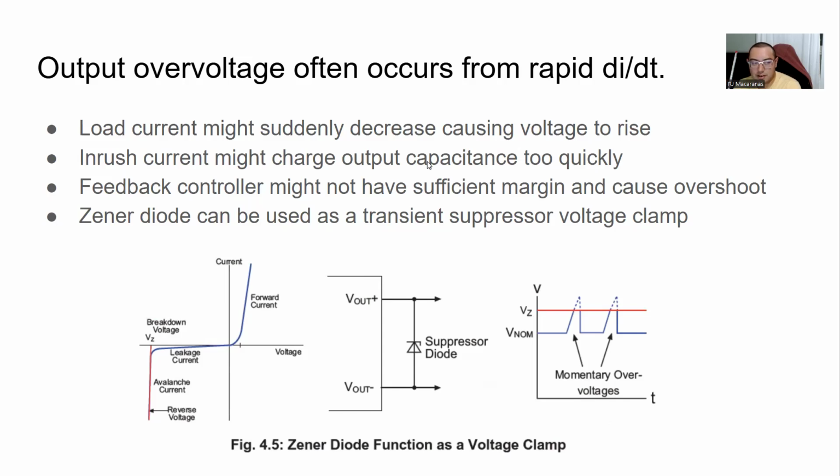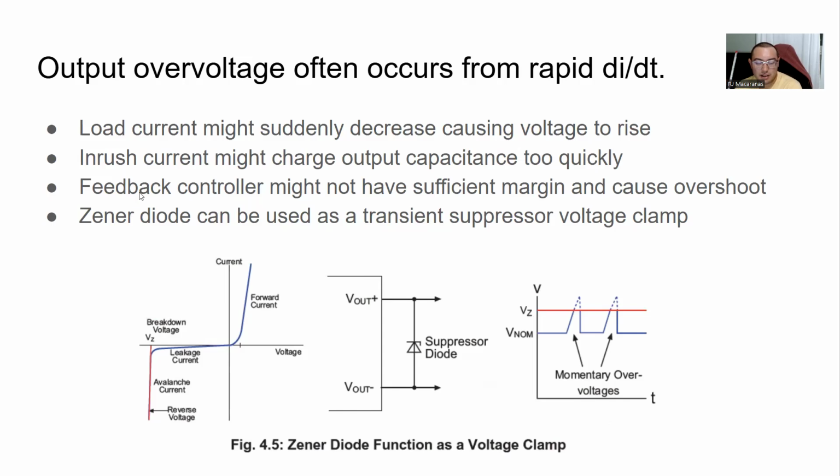Right, if you can imagine the output is loaded down really heavily and all of a sudden it needs less current, then the voltage is just going to respond by going up to account for that less current. And we need a way to protect against that.